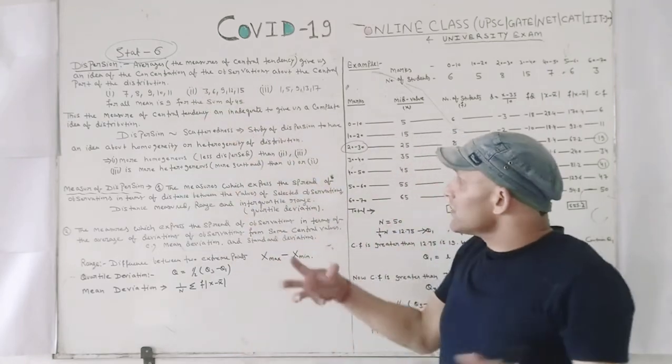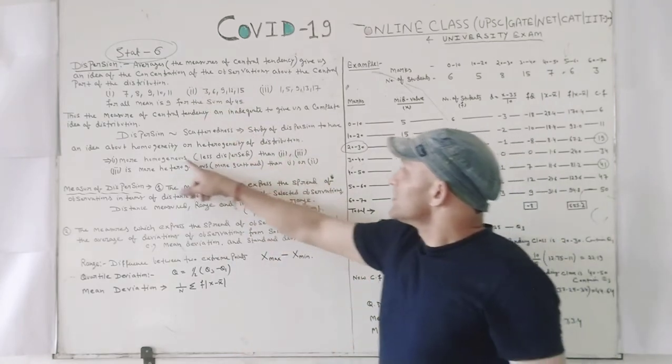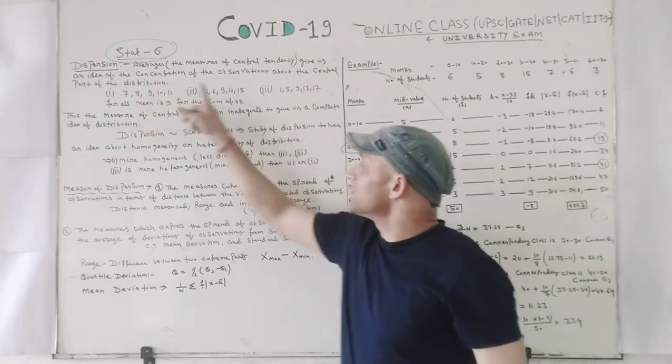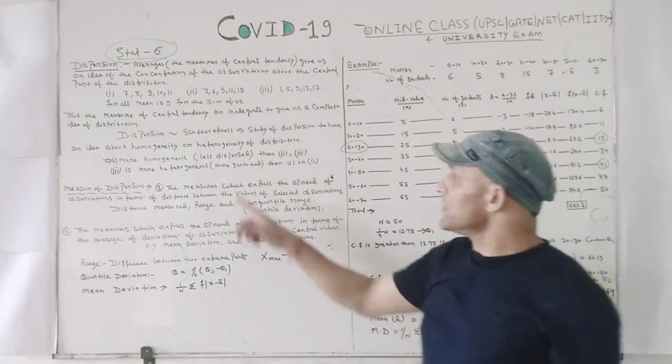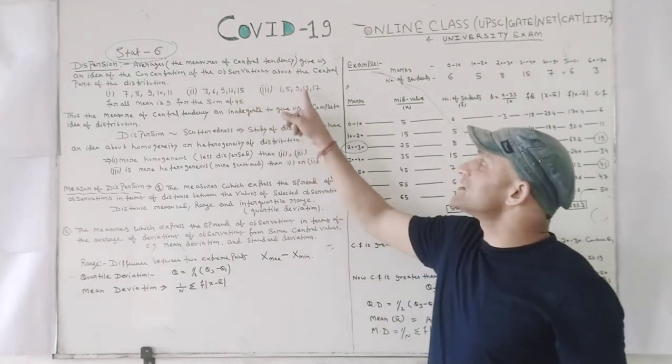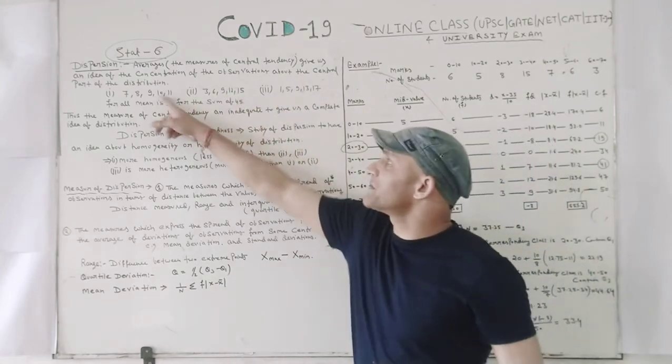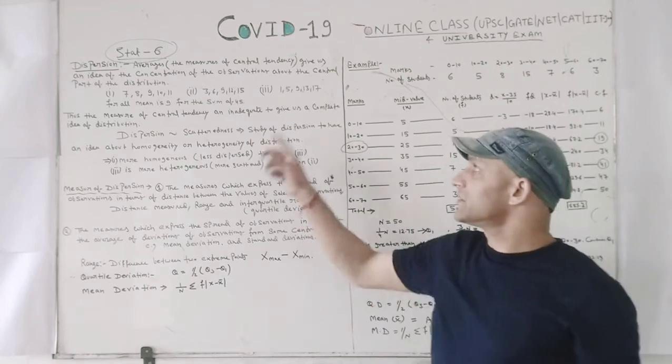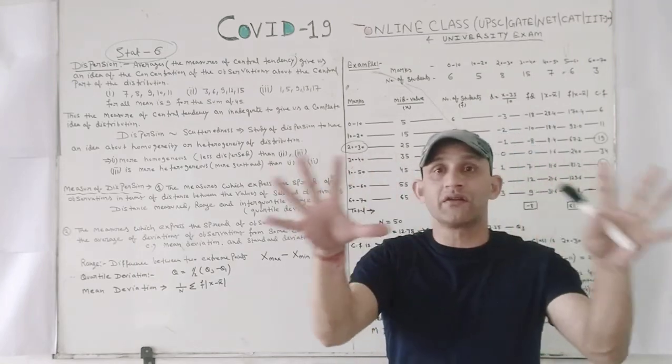So the first is more homogeneous, but the second is not. This is less dispersed, this is more dispersed, which means these data are scattered.